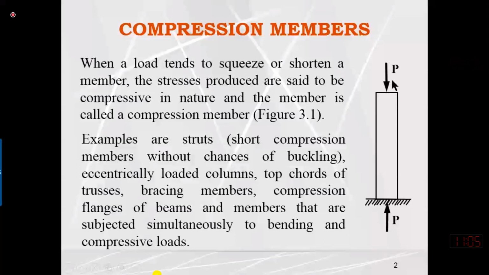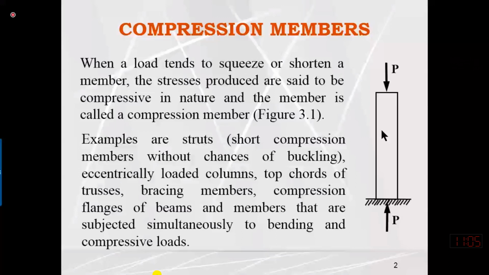Maybe it failed at a load of 40 kilonewton. This means that any axial member behaves differently when subjected to compressive and tensile forces. So we need to evaluate on what parameters the compressive capacity depends and what type of failure may occur when any member is subjected to compressive force.